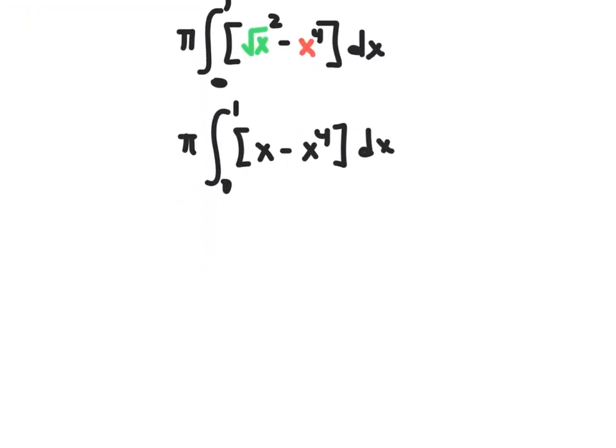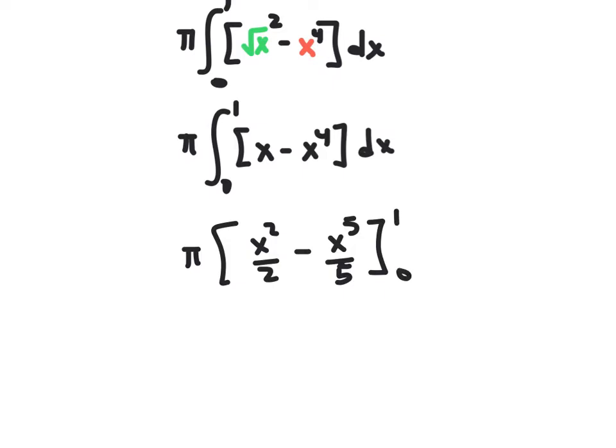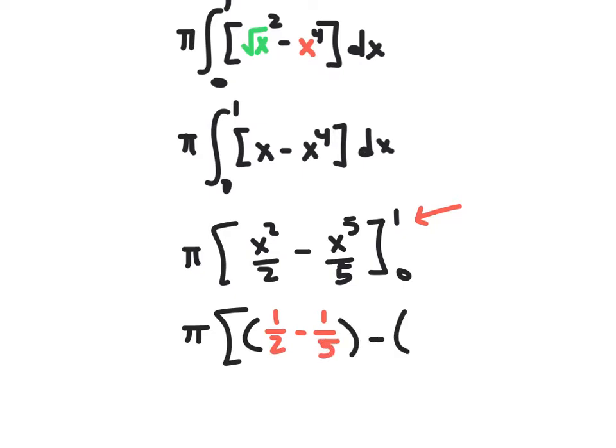Pretty easy to integrate. That'd be pi times, what would that be? x squared over 2 minus x to the 5th over 5. Thank you for using nice numbers like 0 to 1. If I plug in a 1, I will get 1/2 minus 1/5, minus, if I plug in a 0, clearly I'll get 0 minus 0.